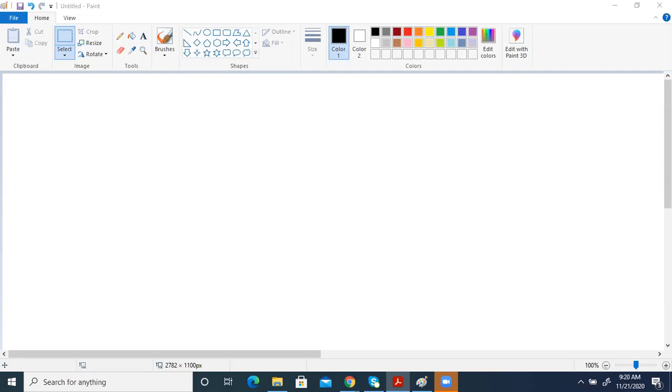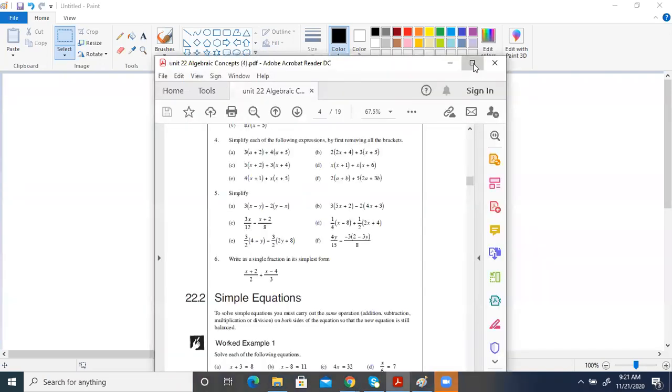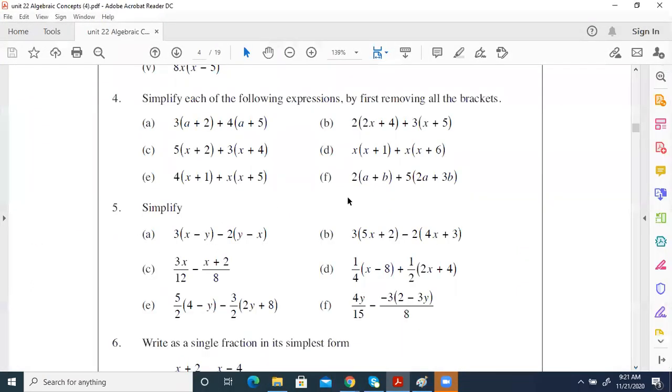So there are some questions from last week that I want to see how we would do. Let me share this across and show you what I'm talking about. I'd asked you guys to do numbers 5 and 6.